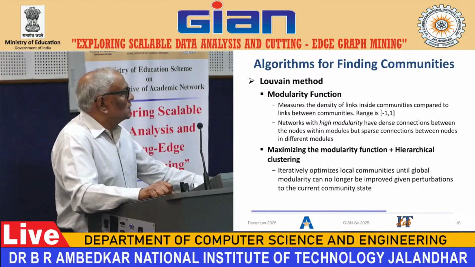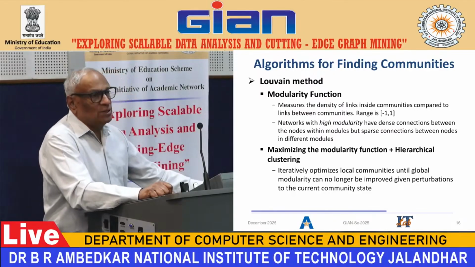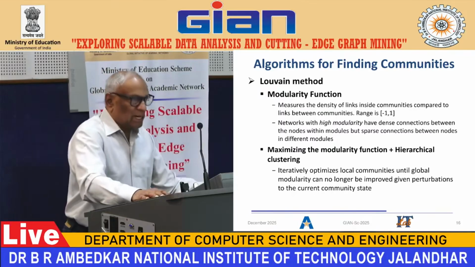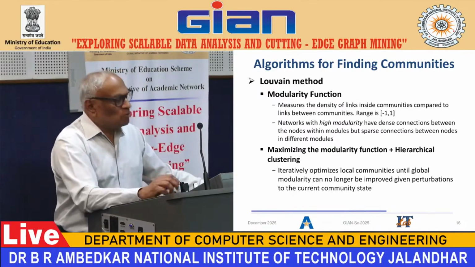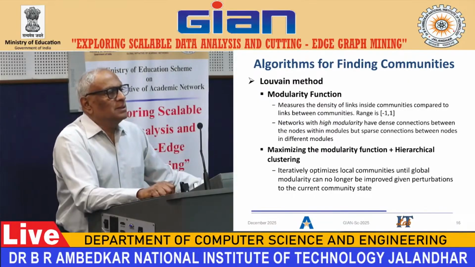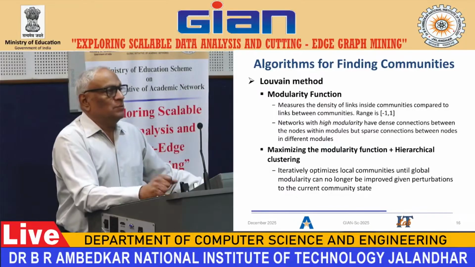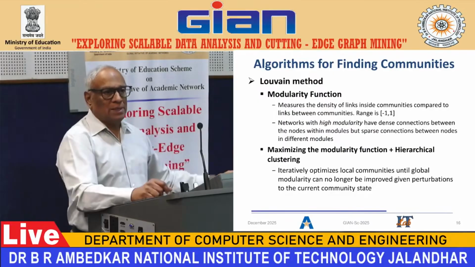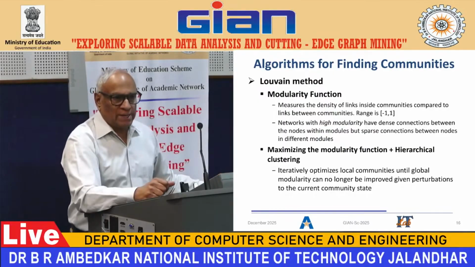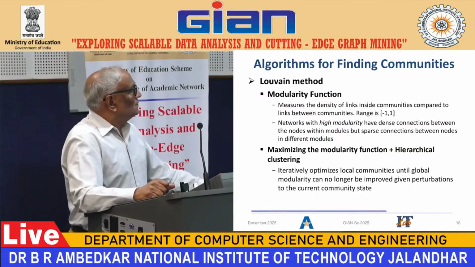It iteratively optimizes local communities until global modularity can no longer be improved given perturbations to the current community state. So all of these algorithms have a convergence. They are iterative algorithms. Most of these algorithms in this category, NP-complete, will have a convergence condition which when reached will stop the algorithm. Same thing with the PageRank algorithm as well.